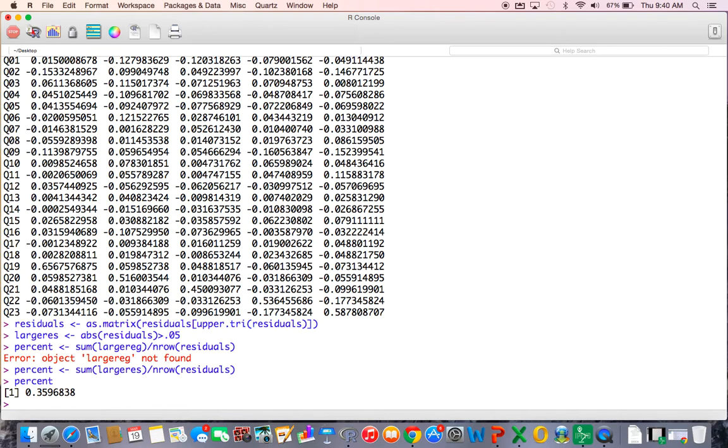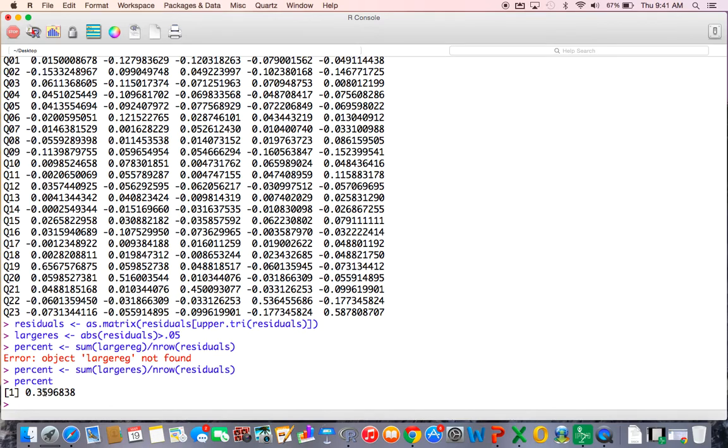Now, tattoo this one to the brain. What if we'd run this and it turned out to be 60%? Then what you would probably want to do is retain more factors. That would be a situation where I would go back up, rerun my principal component analysis with 5 factors, and redo everything and see what it takes to get this percentage below 50%.